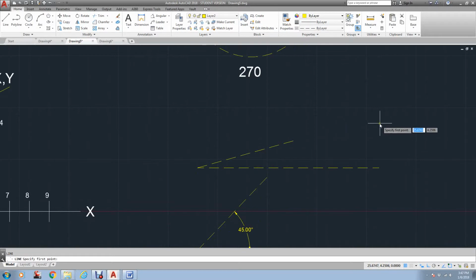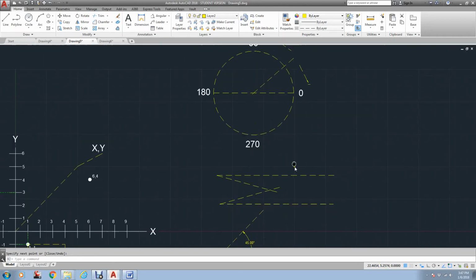I did a line and I went to here, and then I went 5 units, 5, and I hit the less than. Now I'm going to hit a negative 15 and watch what happens. So it should point downward. See? So it went 15 degrees this way, where 15 degrees positive was this way.